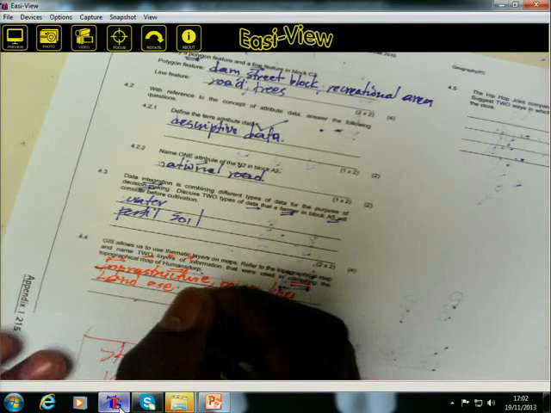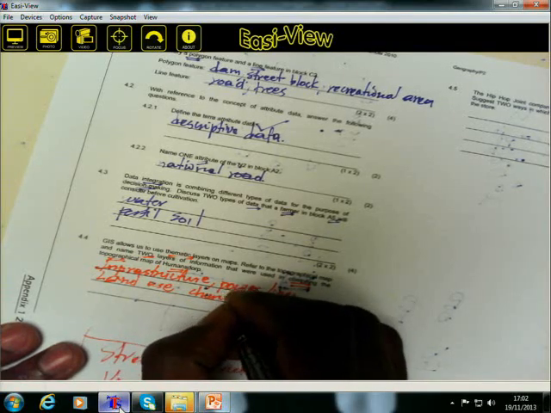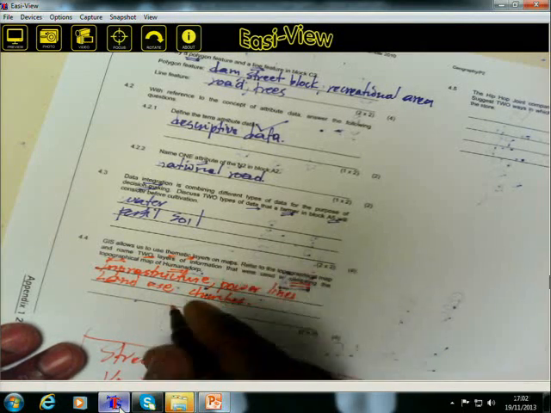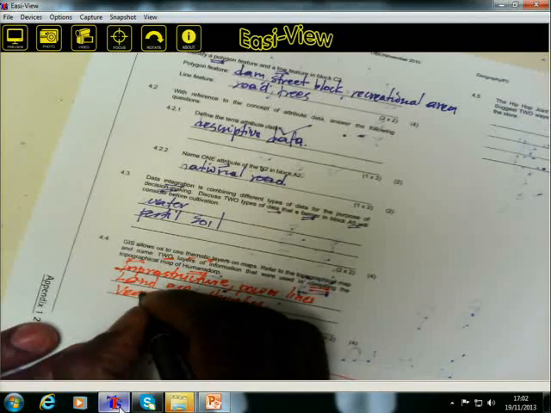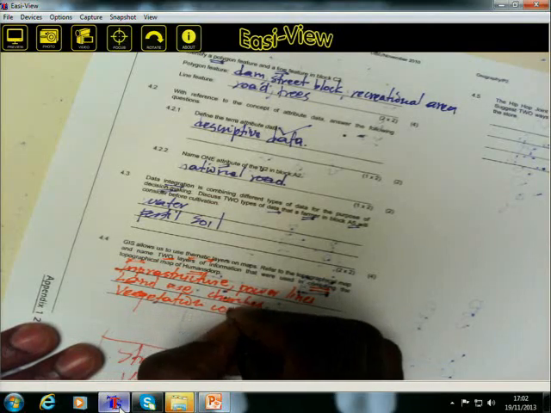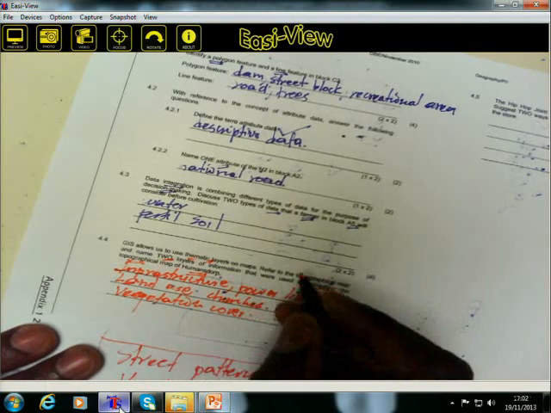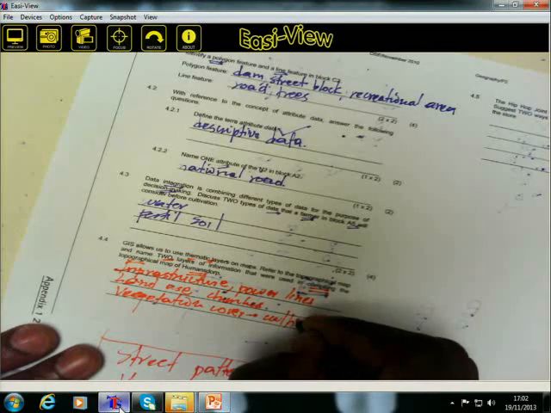Remember, we talk of the land use, which will be your churches that we mentioned there. Then you have vegetation cover, in a form of your cultivated lands.